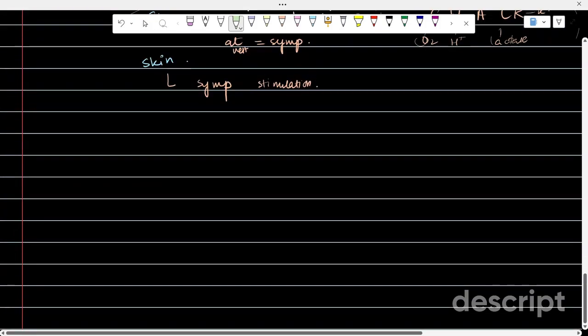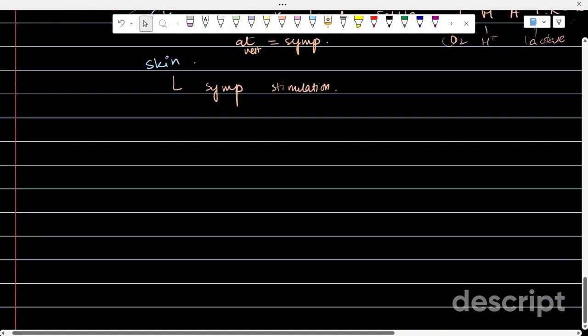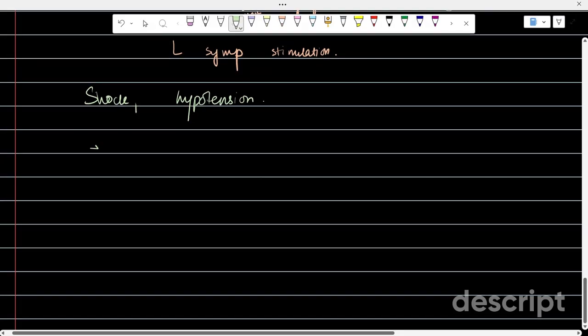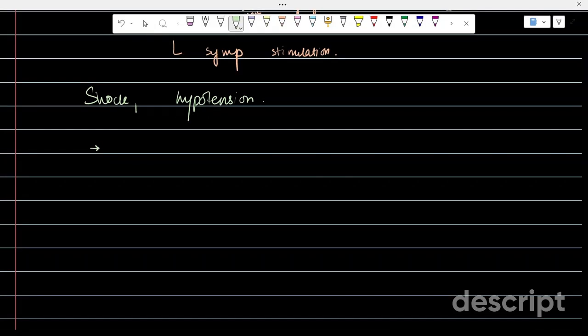Okay, so let's see what happens when there is a lot of blood loss, when there is shock, or when there is hypotension. We would have often heard of reflex tachycardia, reflex bradycardia, what it actually is. So the blood pressure in our body, or loss of blood, is maintained mainly by three ways, mainly through the sympathoadrenal response.